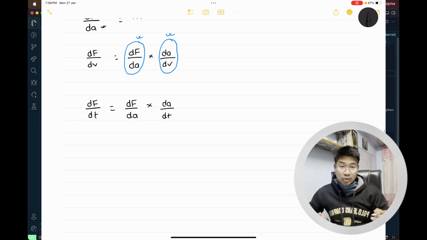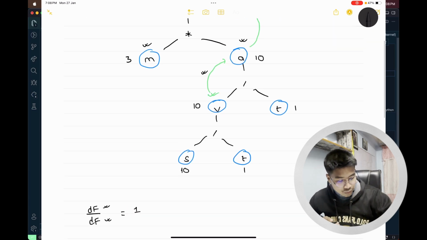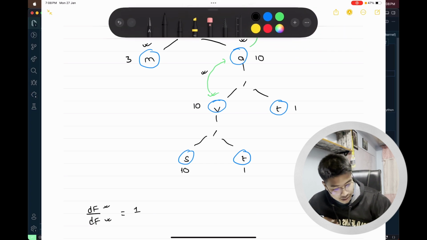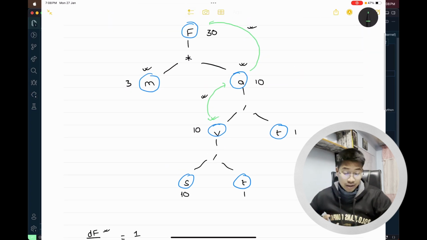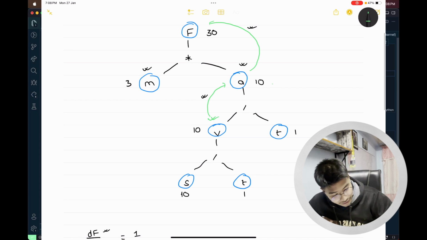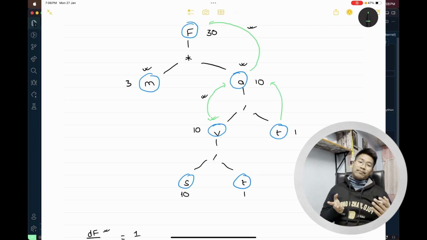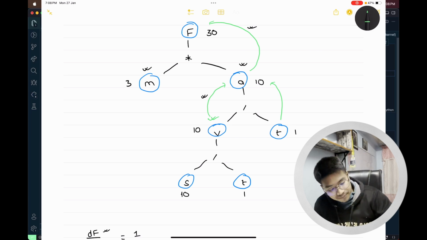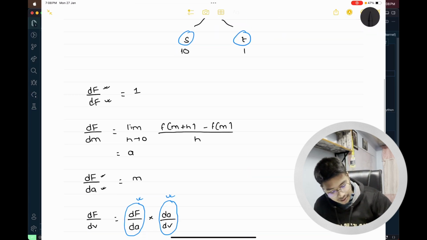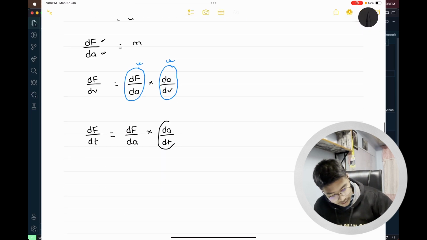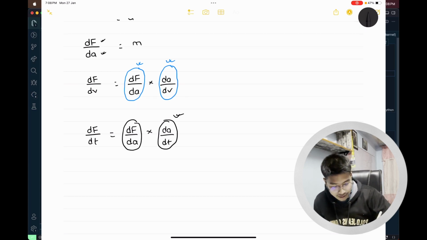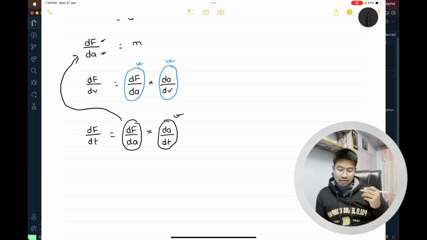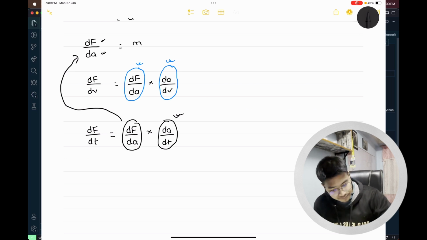You could do that because you already know how your acceleration affects your force, and you have a direct relationship between how your time affects acceleration. So you can calculate this term easily. You already have this thing right over here, so that's also very easy.